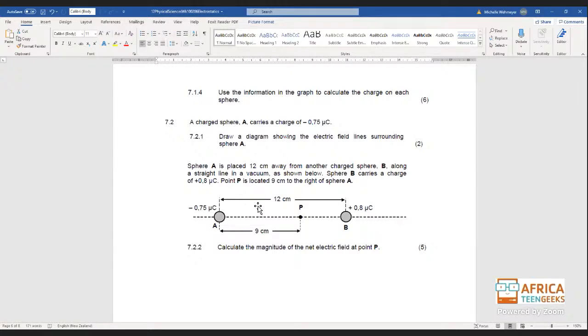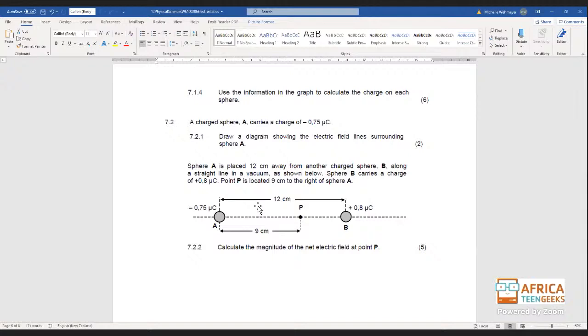Okay, so it's going to be negative and your field lines will go in. And then they tell you sphere A is placed 12 centimeters away from another charged sphere B along a straight line in a vacuum, as shown below. Sphere B carries a charge of 0.8 microcoulombs. Point P is located 9 centimeters to the right of sphere A.